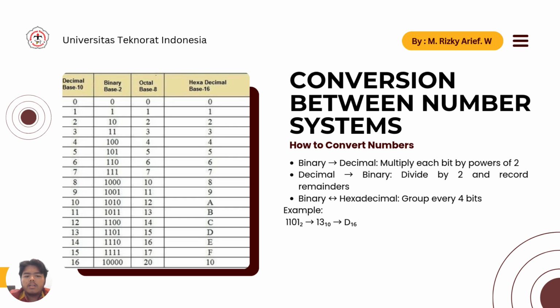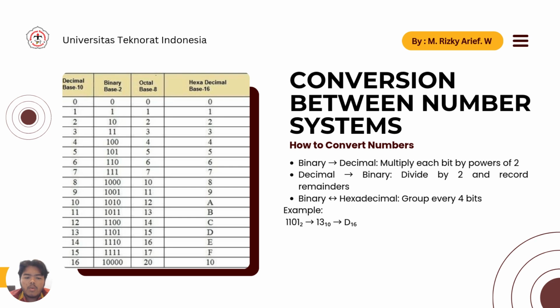And lastly, the hexadecimal number. We group every four binary digits into one group. Each group represents one hexadecimal digit. So 1101 in binary becomes just one group, 1101, which equals D in hexadecimal.